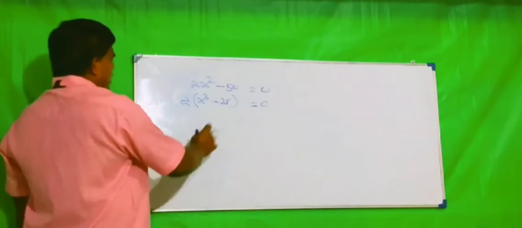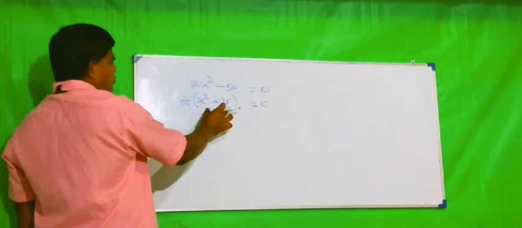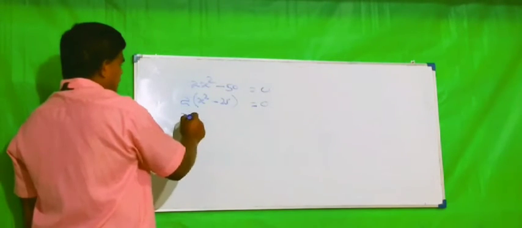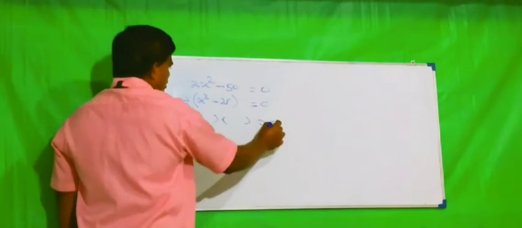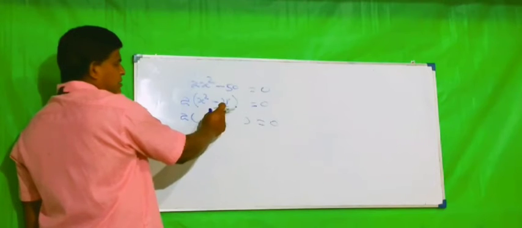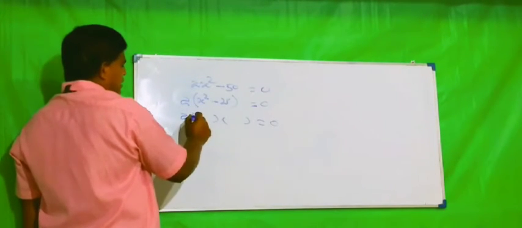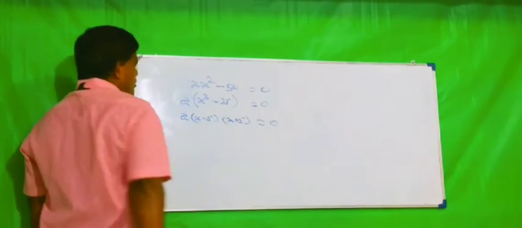Then in the bracket the difference of two squares arises again. Now 25 is 5 squared, so the factors are s minus 5 into s plus 5.